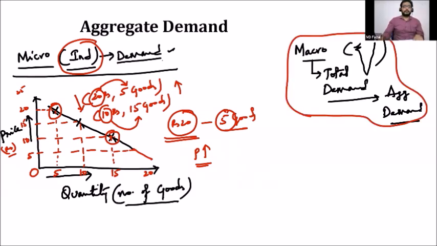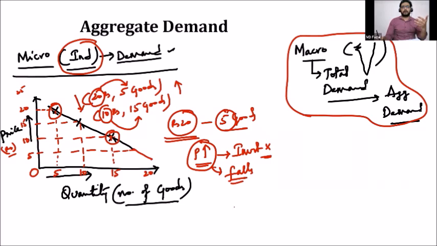Don't worry, let me take this concept again. See, when the prices are higher, what will consumers think? Consumers will think, let us not invest now, we'll wait. So what will happen when the prices are more? People will stop investing. They will think that these prices will fall, and later I can go for my purchases.